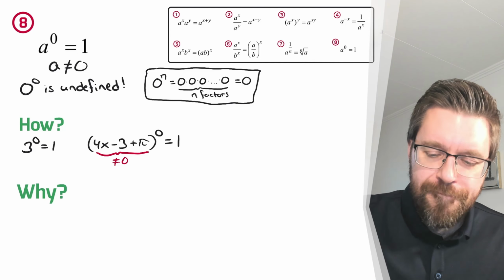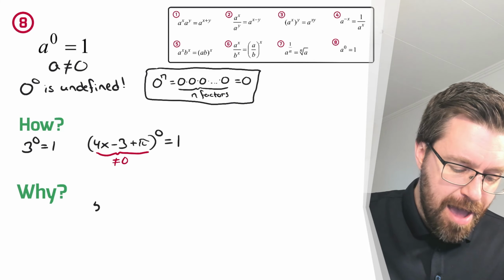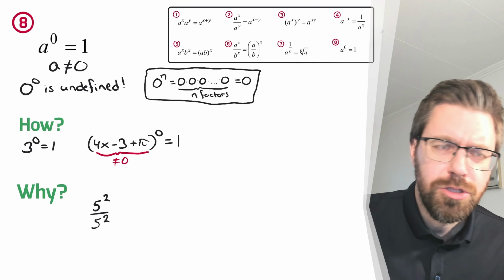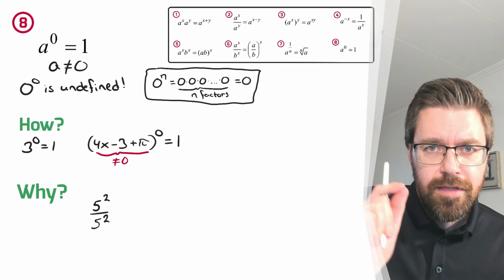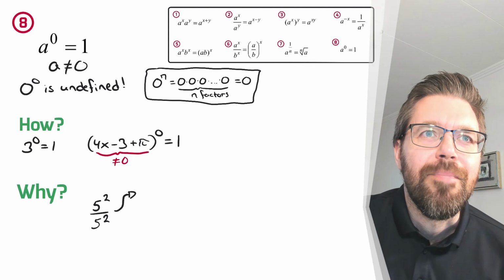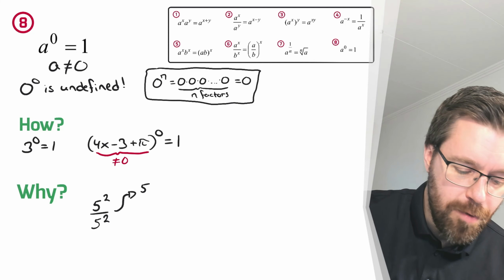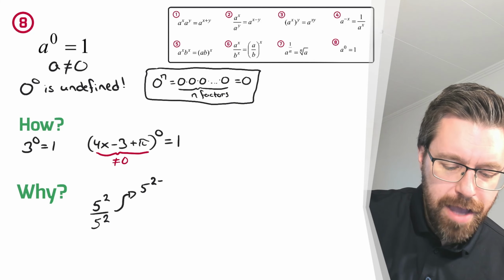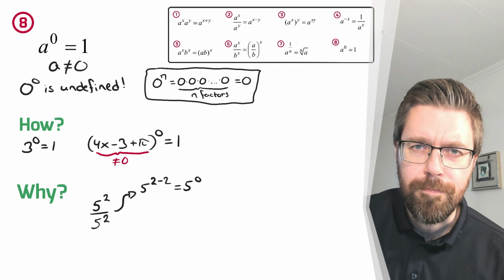We start with a funny little thing, this expression here: 5 raised by 2 divided by 5 raised by 2. And this expression can be written in 2 different ways. We can use rule number 2, I think, and it tells us that it equals 5 raised by 2 minus 2. And this is equal to 5 raised by 0.